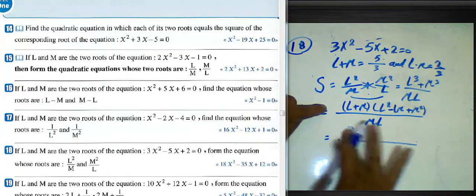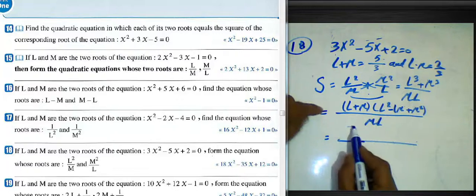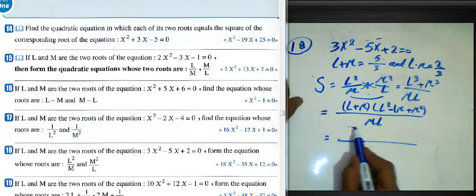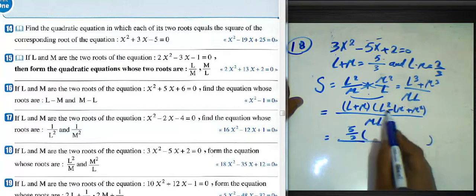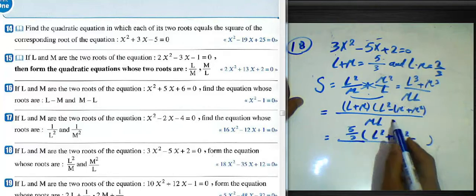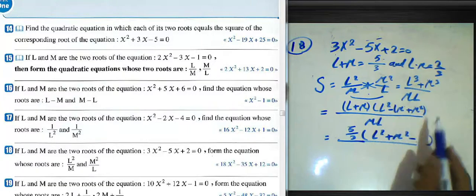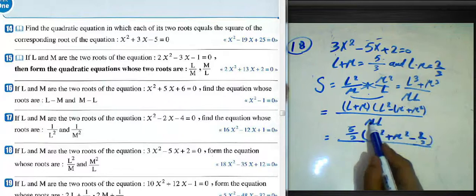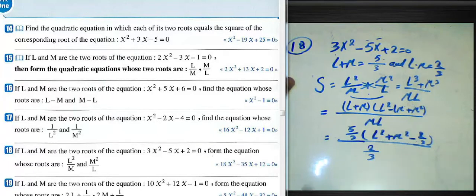Okay, I will write the result: L plus M equals 5 over 3. And what about this? L² plus M² minus LM. We know L times M equals 2 over 3, and M times L equals 2 over 3.